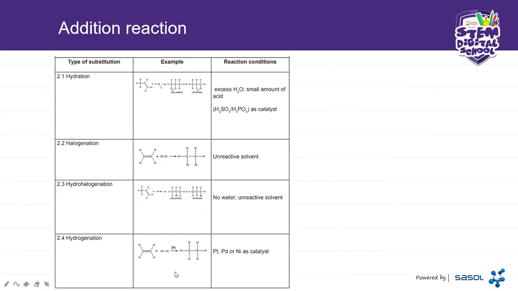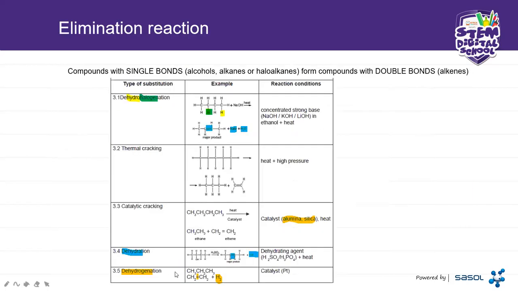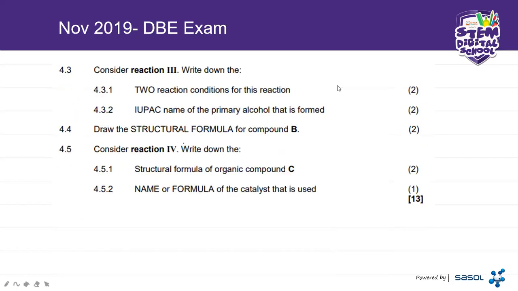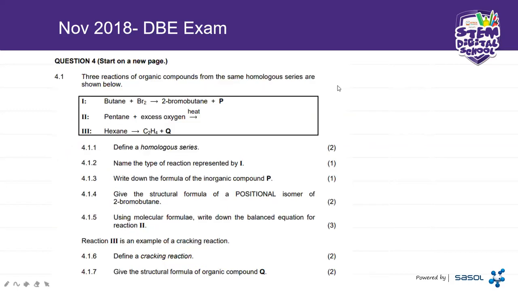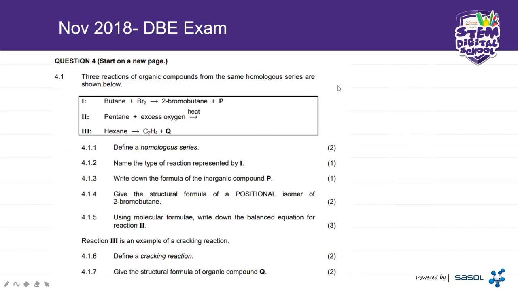When you do addition reaction, there's always H2SO4. When you do elimination reaction, there's always H2SO4. So that is one most recommended catalyst that can be used in the problem that we're using here. Okay. If you have any questions, just let me know so that we can go back.